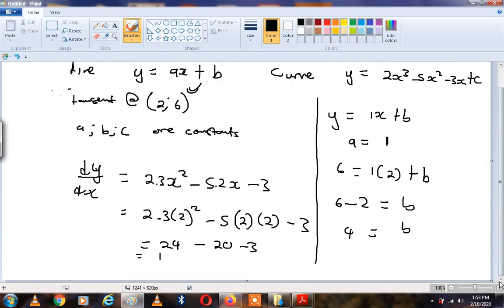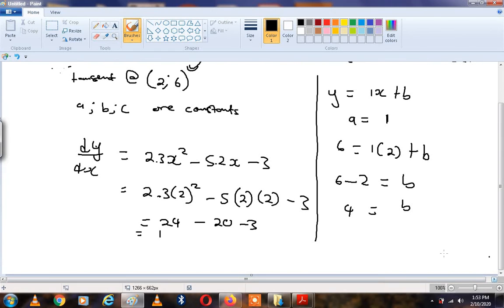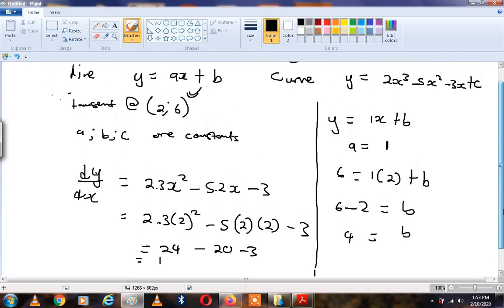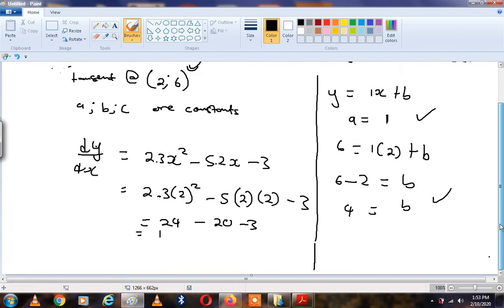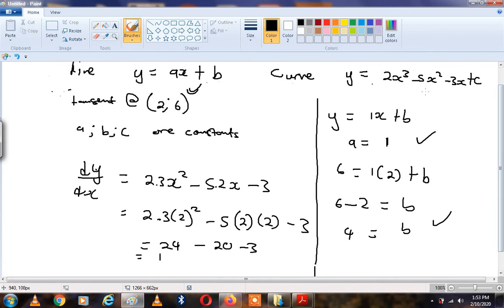The final step in this problem is for us to find the value of c. But now, because we already have a and we already have b, it's easy. We're just going to go into this curve and replace all the x values and the y values, and then we'll get the value of c.